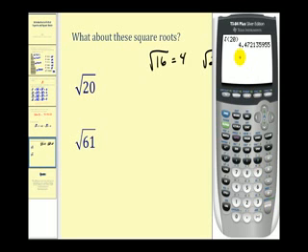So if we wanted to round this to the nearest hundredth, we could say the square root of 20 is approximately 4.47. Remember, what that means is if we take 4.47 and we square it, we should get approximately 20. Notice it's slightly less than 20 because we did round this value. So unless we're taking the square root of a perfect square, we will normally have to get a decimal approximation.